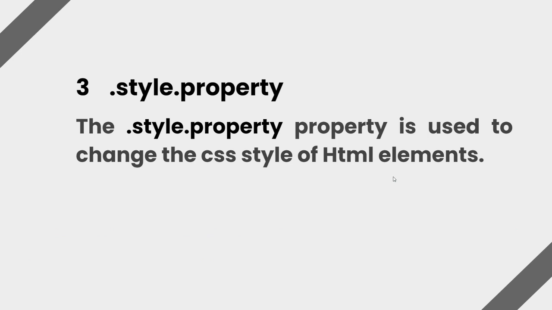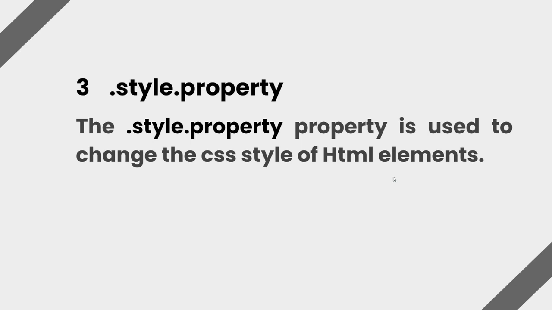Lastly, we have the .style.property. Yeah, it's actually .style.property, but it's still a property on its own within the DOM. And what this property actually does is that it is used to change the style of the CSS HTML element.